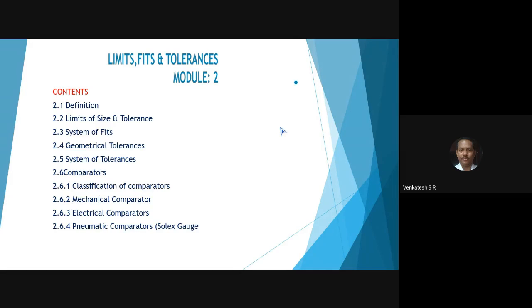In the classification, you have three types: mechanical, electrical, and pneumatic comparators. In the first portion of this module is the definition of limits, fits, and tolerances.